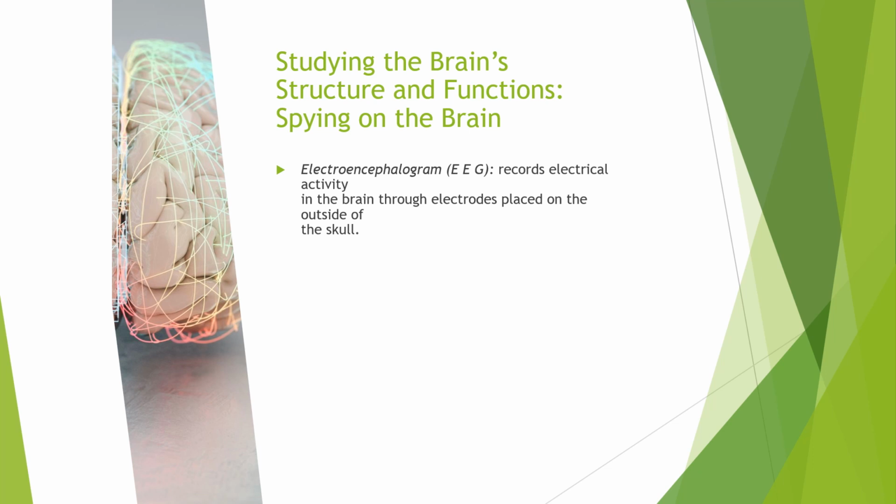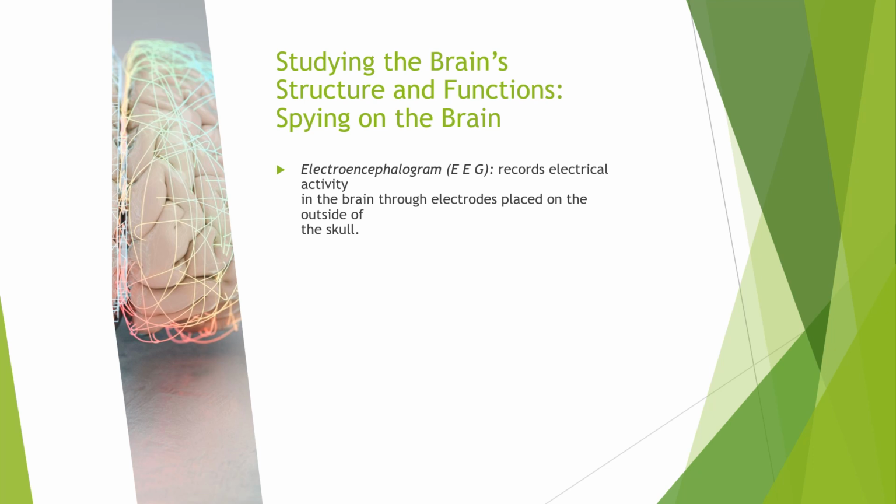If there is, then you're going to go further and find out where that is. If there is no activity in your brain, it's a very bad, serious accident that has occurred, and you are basically brain dead because there is no electrical activity in your brain. So an EEG will record electrical activity in the brain.